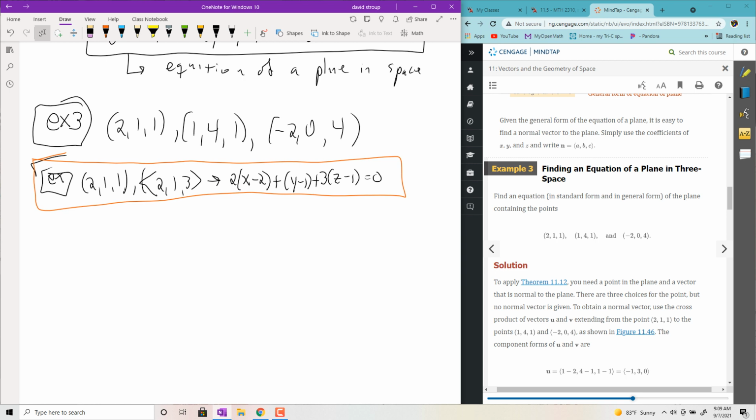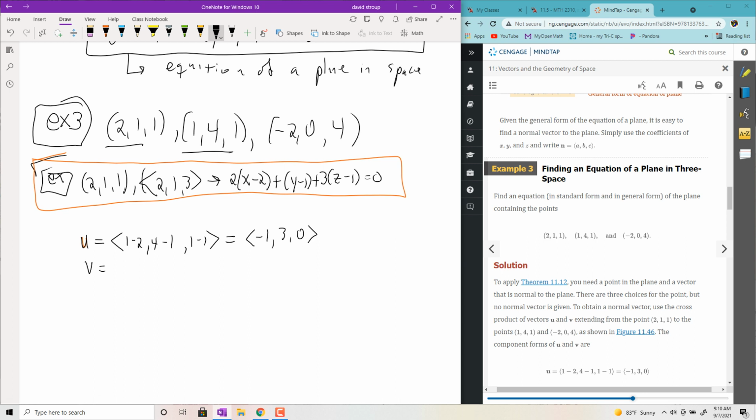So I'll start creating some vectors from these points. I'll make the first vector the difference between the first and second points. So 1 minus 2, comma 4 minus 1, comma 1 minus 1. And that will be negative 1, 3, 0.